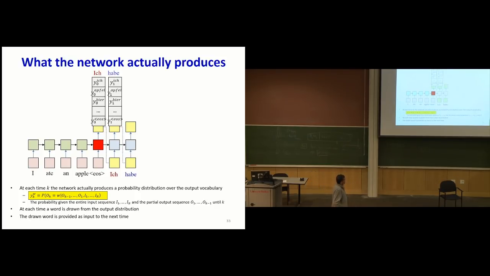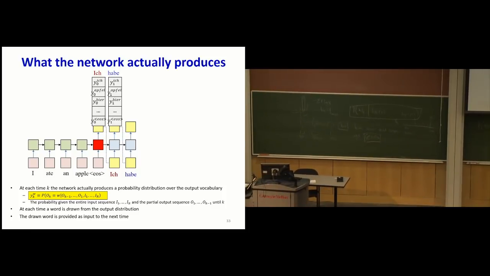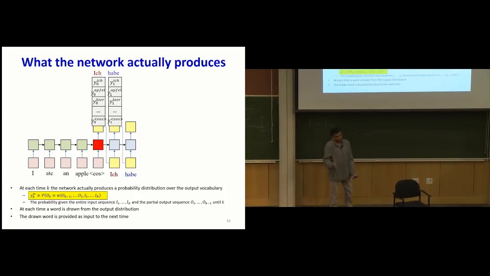And that goes in to the next instant, and now you would produce another probability distribution. And in this probability distribution, now what you're actually going to be producing is conditioned on everything so far, right? You get that.